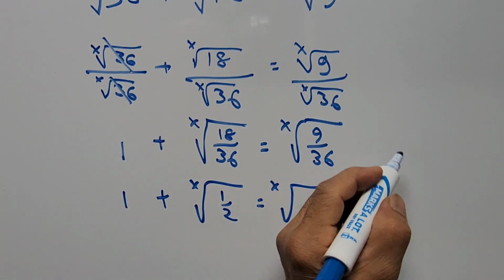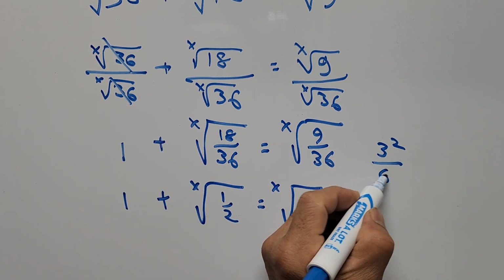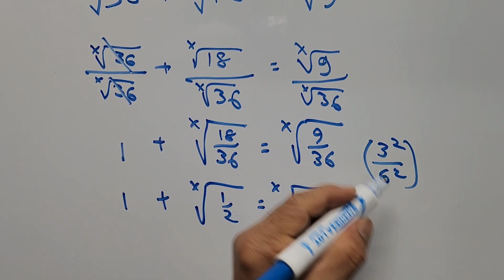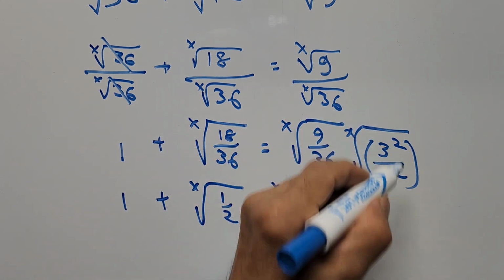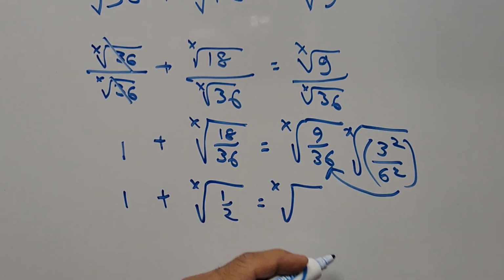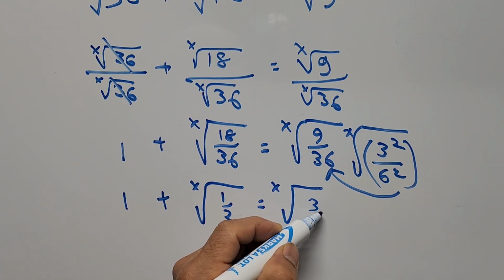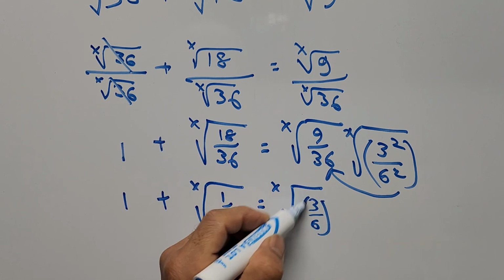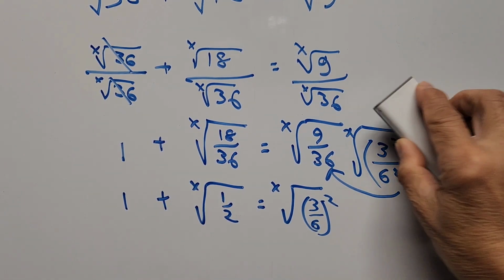9 over 36. This is equivalent to 3 squared over 6 squared, and that's the x-th root of that. That's the value of this. So this can now be written as 3 over 6, squared.